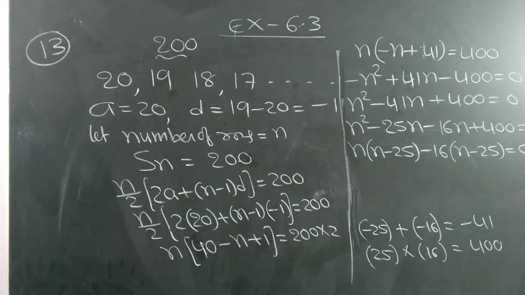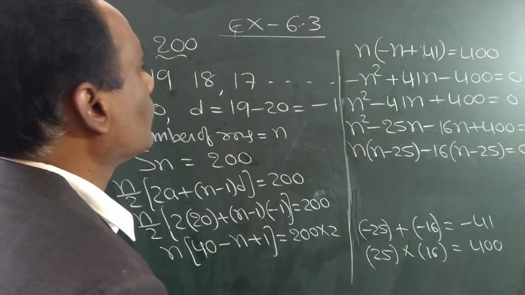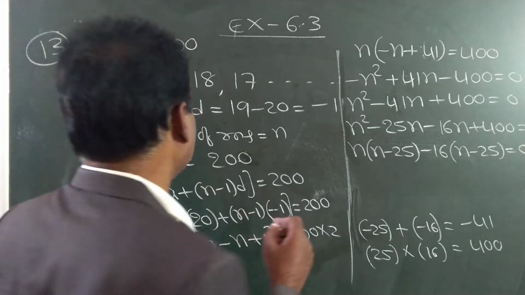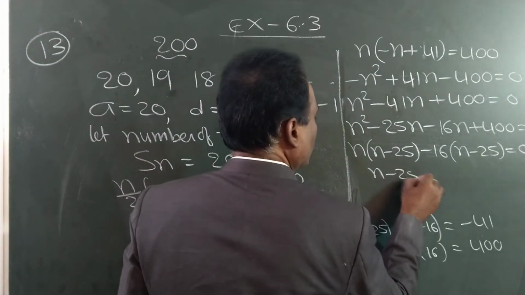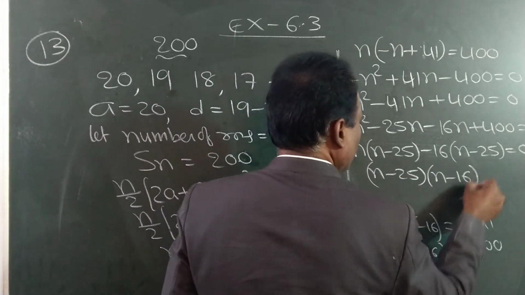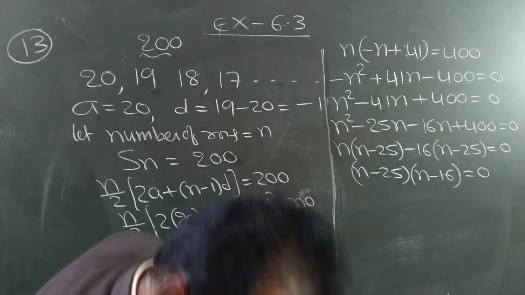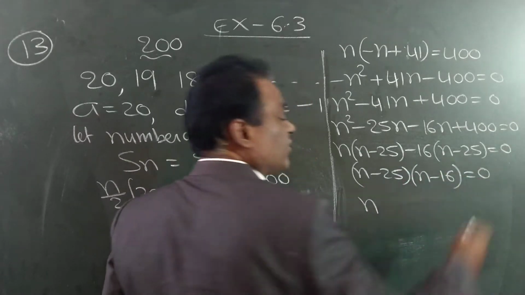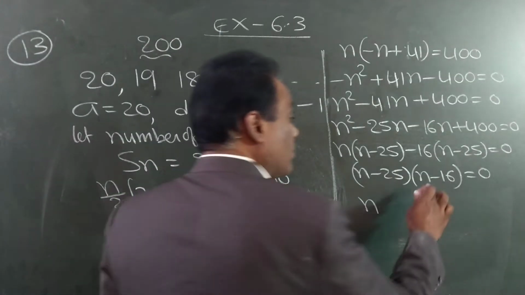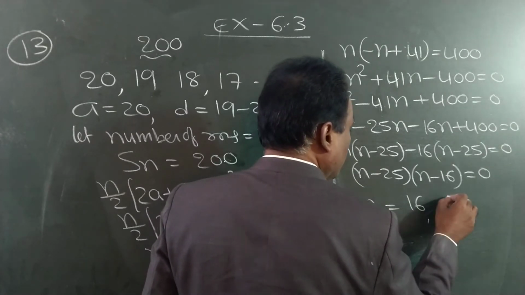How we are getting the factors, you just see. n minus 25 is equal to 0, so n is equal to 25. n minus 16 is equal to 0, so n is equal to 16.